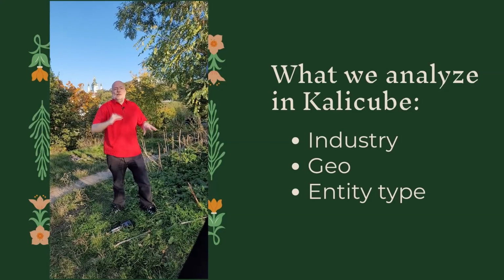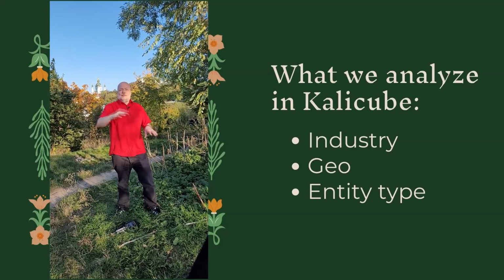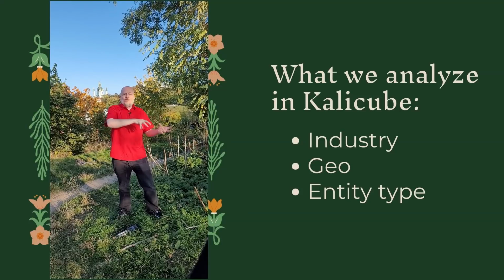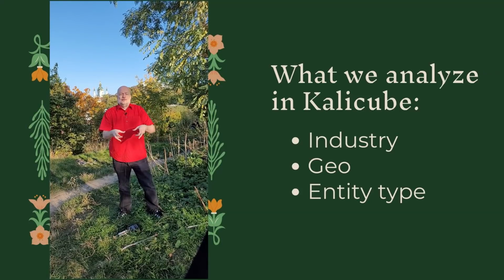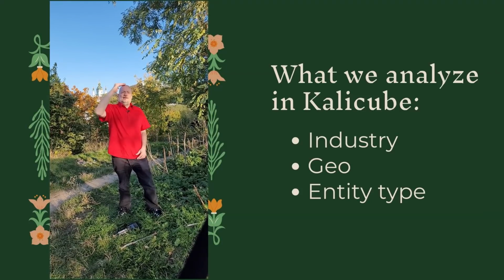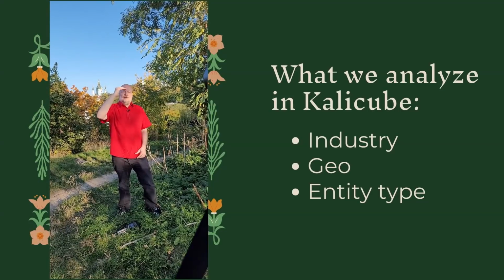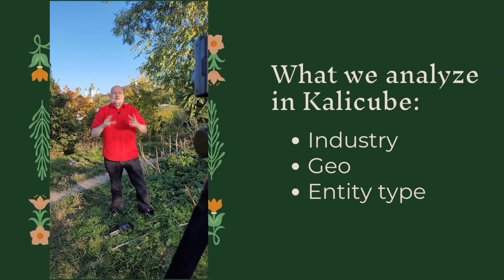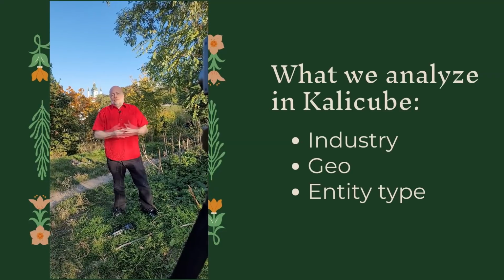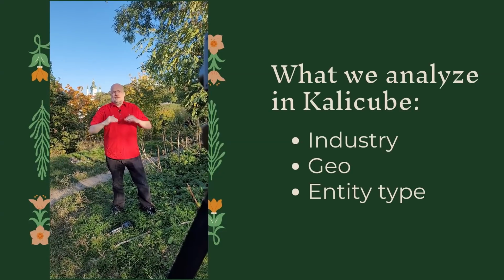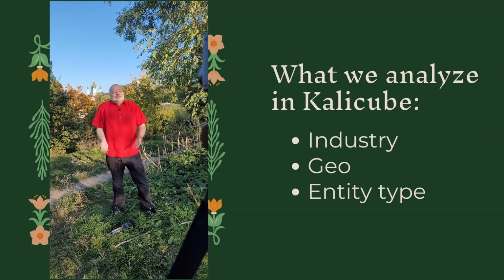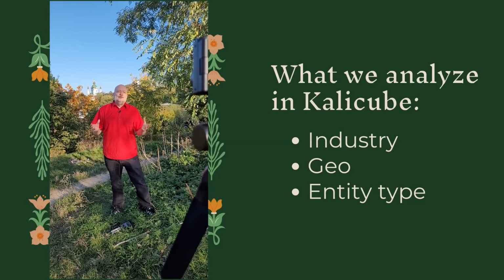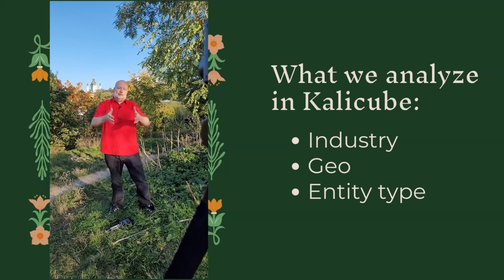We knew which news outlets ranked within this industry for that entity type in that geo region, and we could tell them this is the order of importance, this is the order of priority, this is the order that Google is looking at, from 1, 2, 3, 4, 5, 6, 7, 8, 9, which is, in my opinion, immeasurably useful, because you know you're aiming at the right targets when you do your PR outreach.